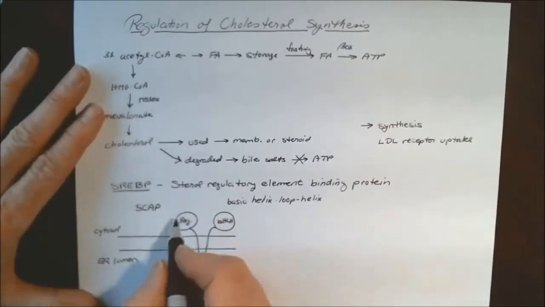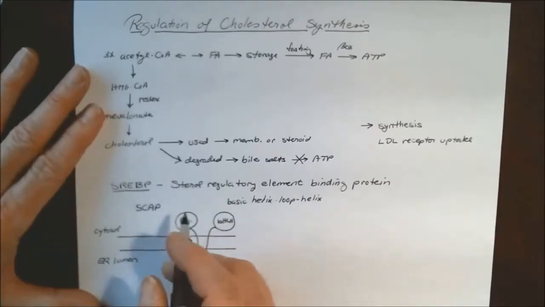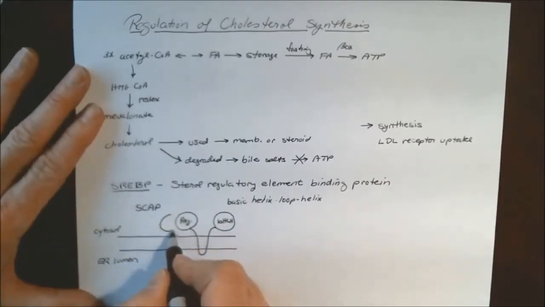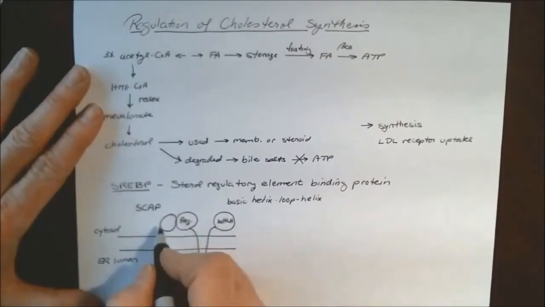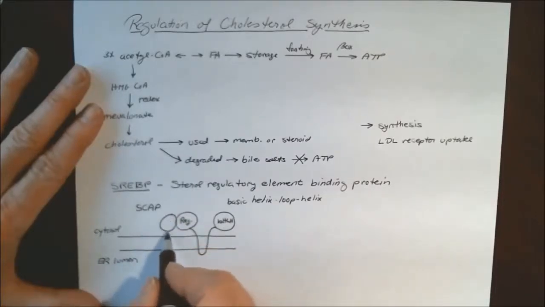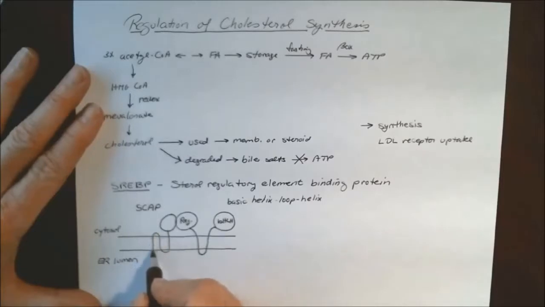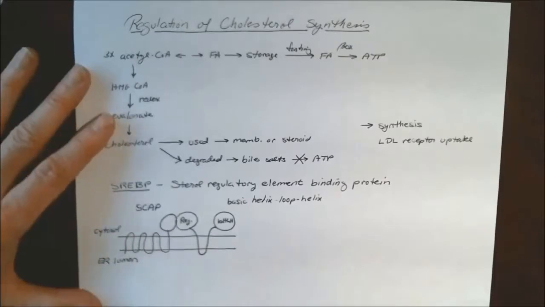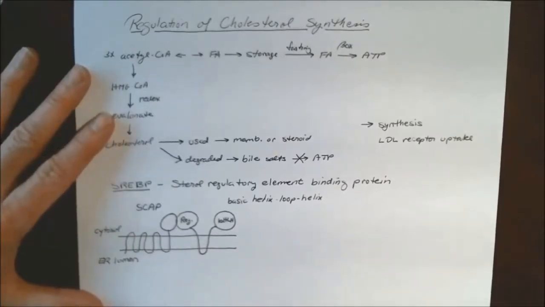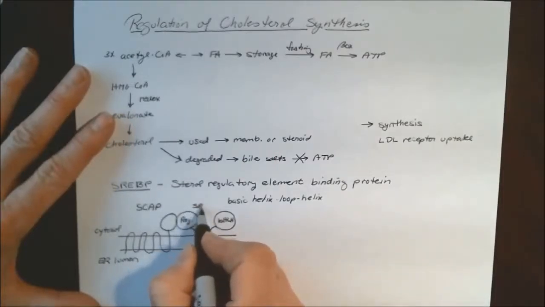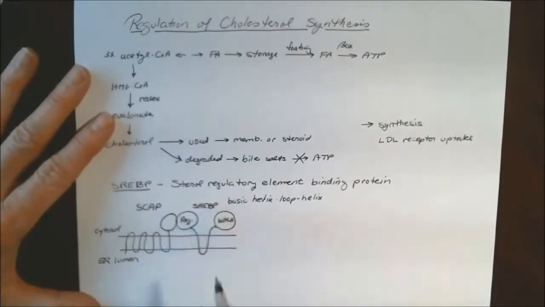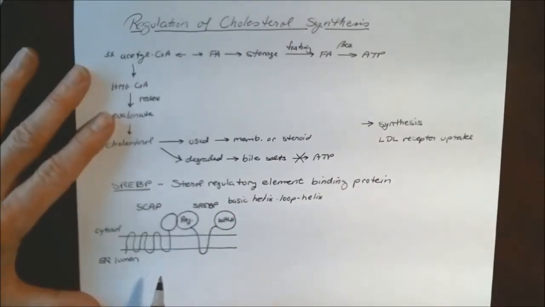And SCAP serves as a binding protein that interacts with the regulatory domain, and this protein also traverses the membrane a number of times to make a serpentine structure, and this protein serves to interact with the SREBP protein in order to hold it in place into the ER membrane.